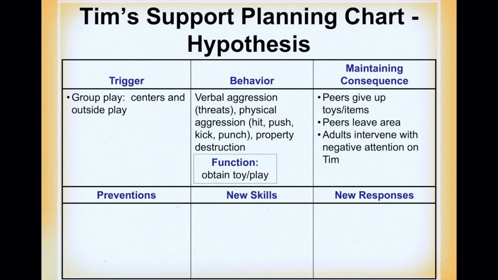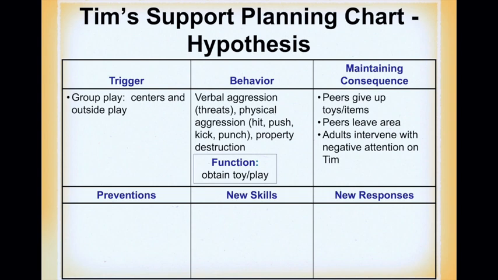When you have the basic behavior equation charted out, you can determine the function of the challenging behavior, or at least one of many possibilities of the function of challenging behaviors. Once you've got the trigger, the behavior, the maintaining consequence, and the function, then you have all the components you need to be able to write what we call a hypothesis statement.